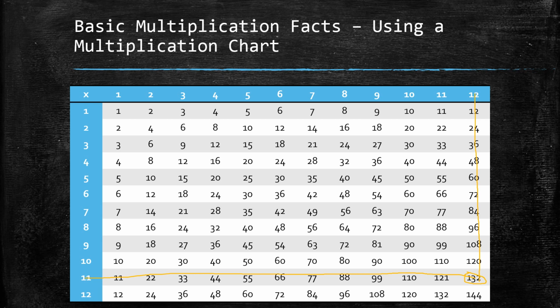And if we do it the other way, 12 here times 11, they meet right here, and my answer is in fact still 132. Alright.